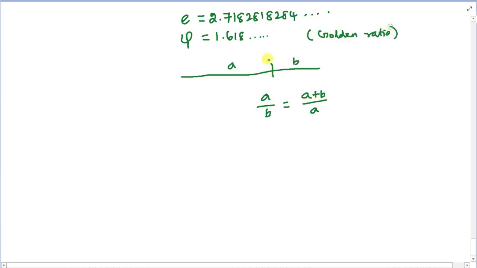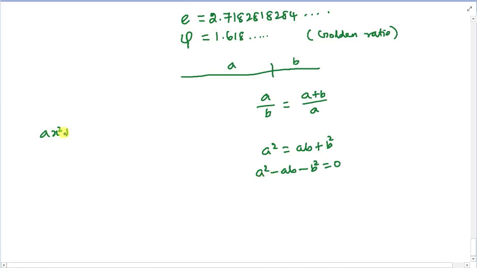We can get this value for a golden ratio by simplifying this relation. So if we cross multiply, A square is equal to AB plus B square, A square minus AB minus B square is equal to 0. So this can be considered as a quadratic equation in A. What is the general solution for a quadratic equation in x?